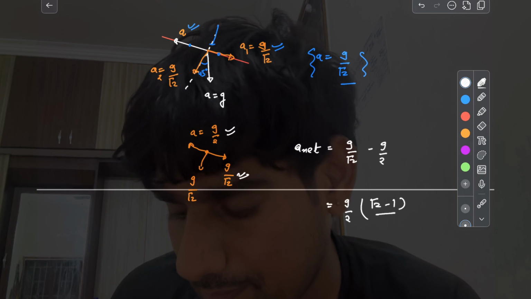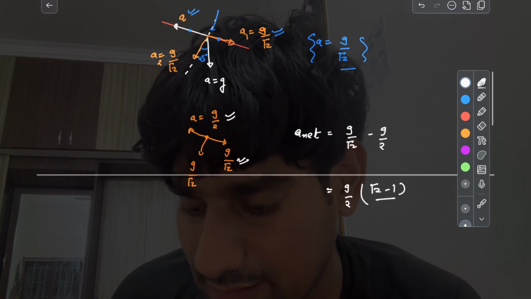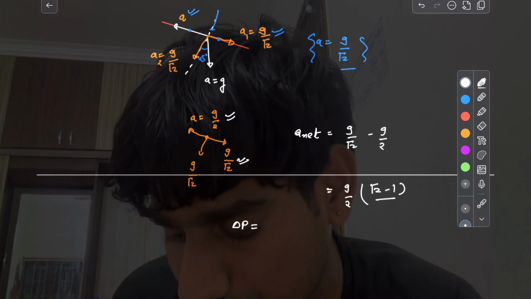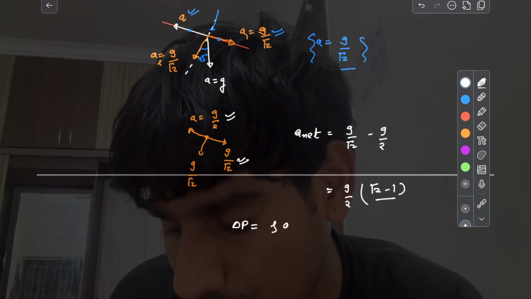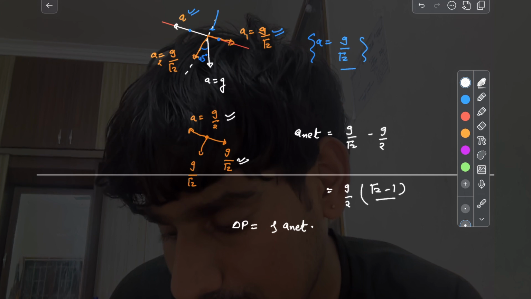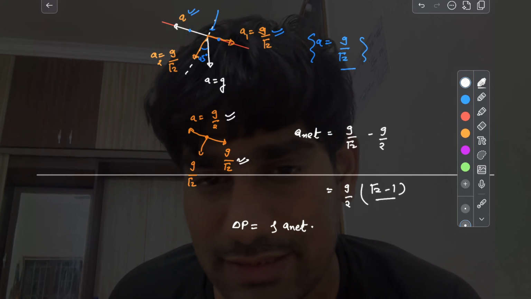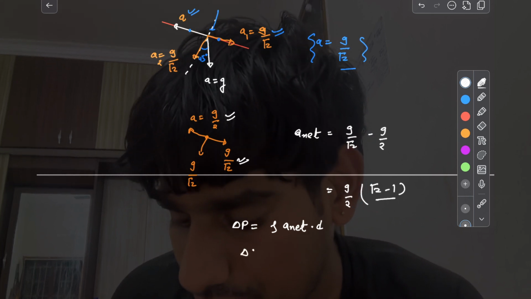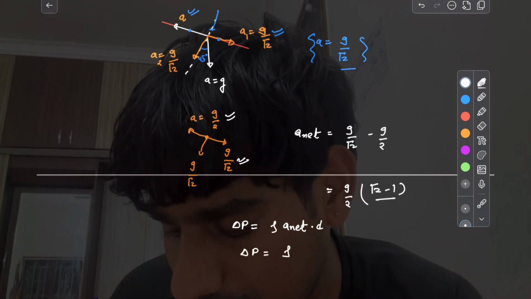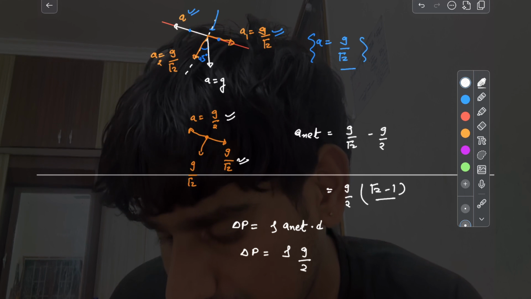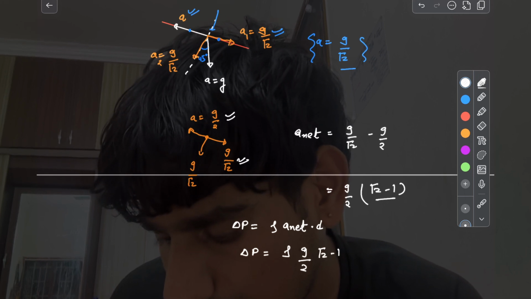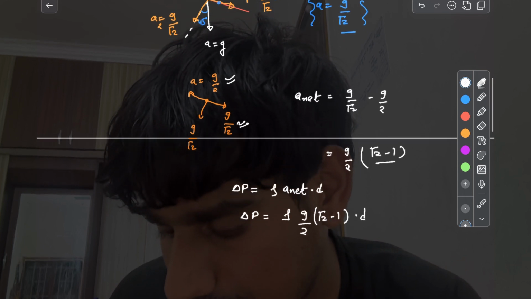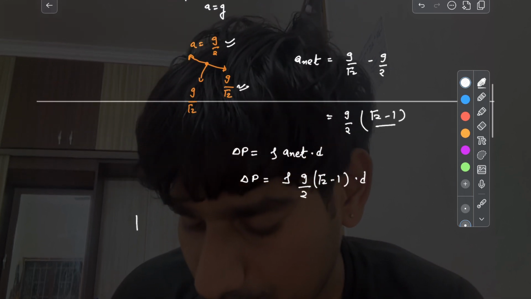So this is the net acceleration, and that is why the pressure variation in that direction is rho a net multiplied by the distance, and the distance will be the diameter of this tube, D. So delta P is going to be rho g by 2 times (root 2 minus 1) multiplied by D. Then what is beta?